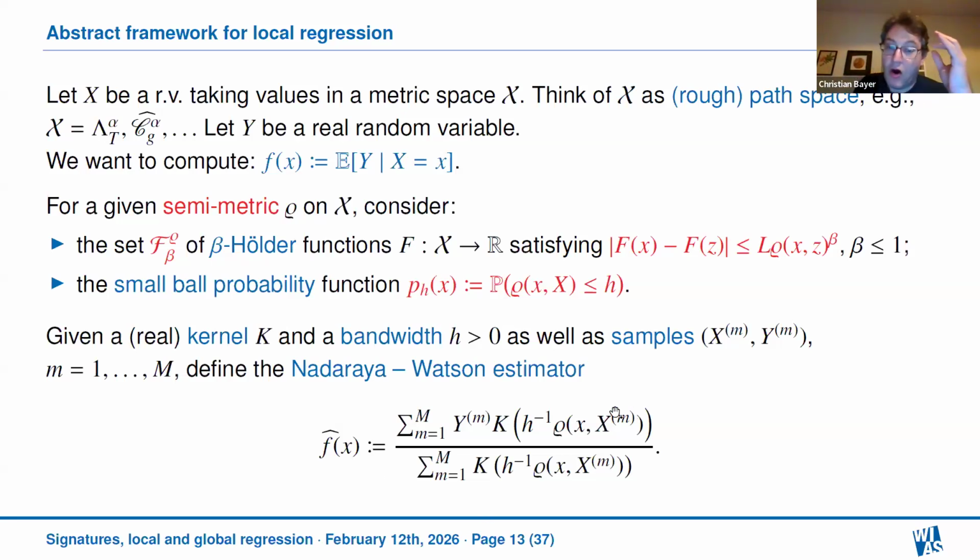I look at all samples which are close enough to x. These are the x_m where rho is small enough. And I take a weighted average of the corresponding values of y. I don't assume that K has a bounded support or a compact support, but still, in a way, this is the idea.